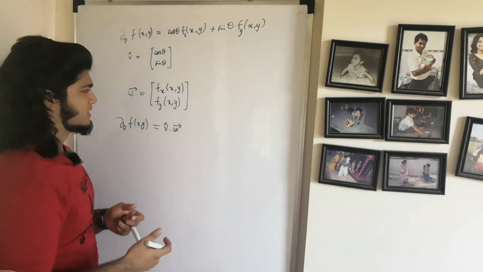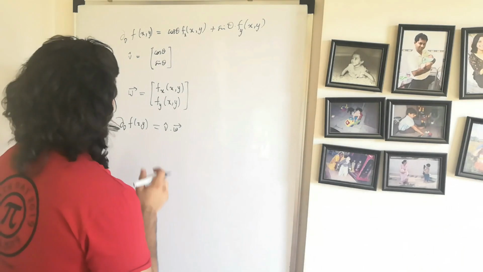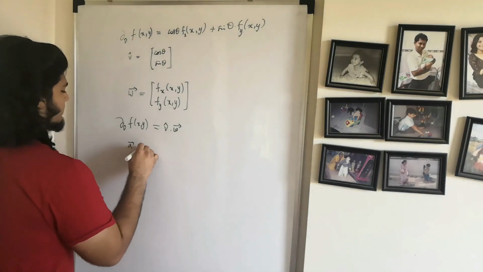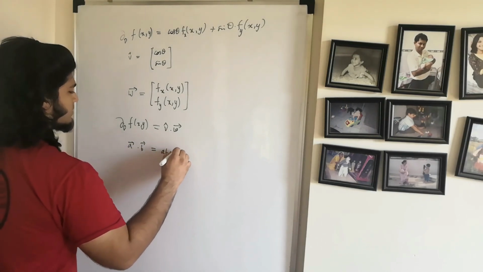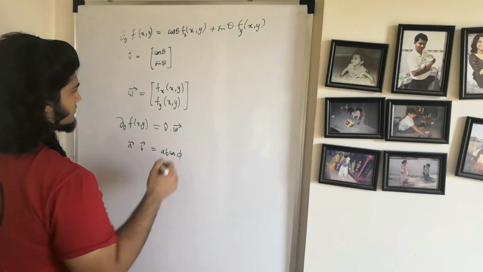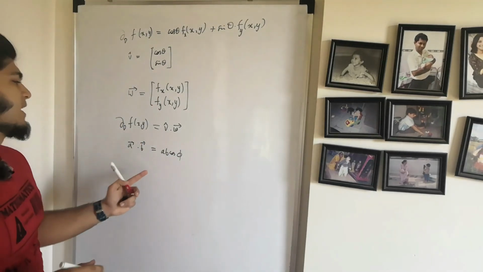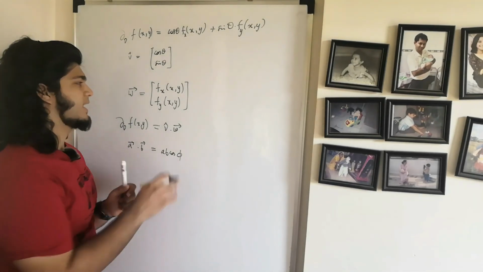And now we can ask the question, when does this product get maximized? So we know that any a vector dot b vector is equal to ab cos theta. So maybe I'll use phi because we've already used theta. So a is the magnitude of a vector, b is the magnitude of b vector, and phi is the angle between them.